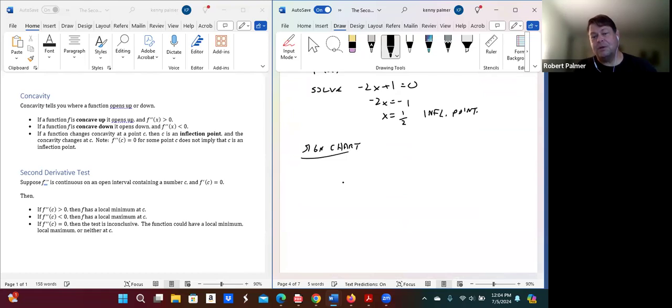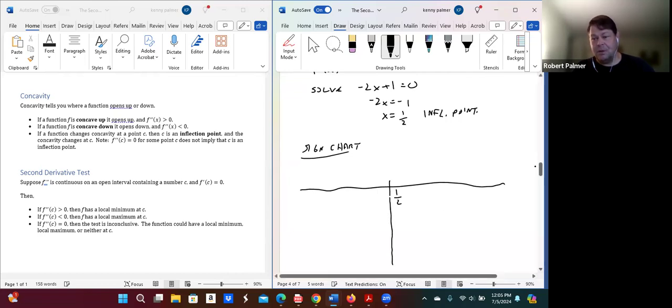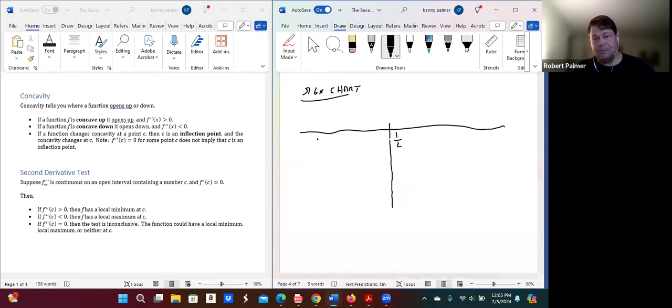So a sign chart. All right, so first off, let's separate here. Here at x equals 1/2 is where concavity changes. Okay.